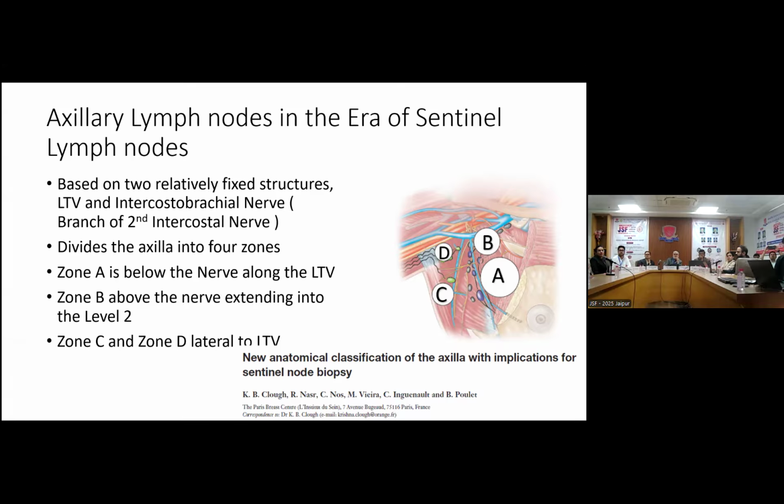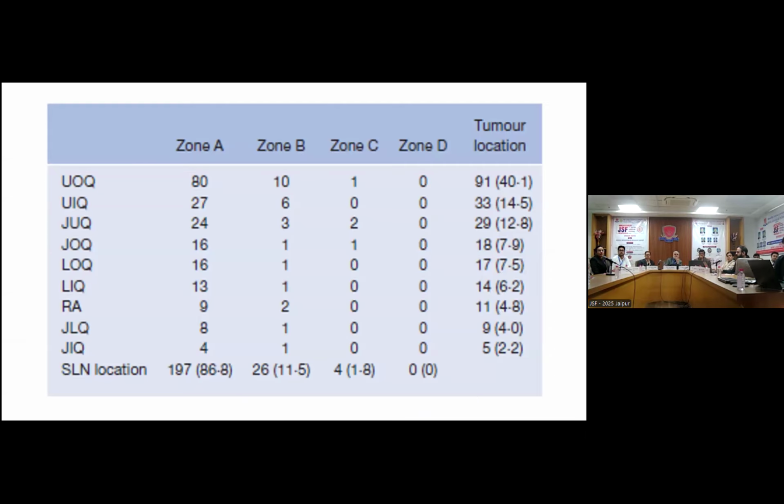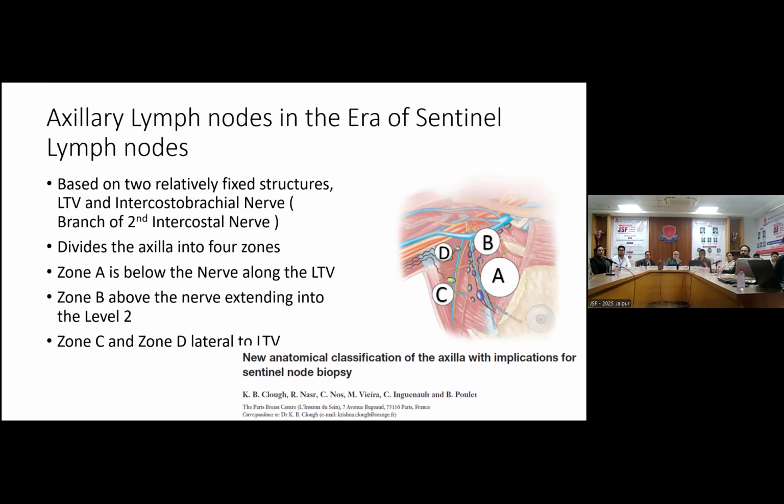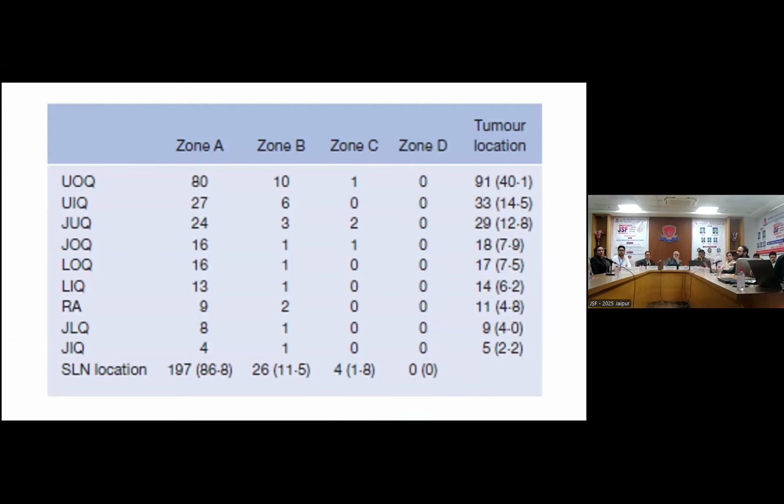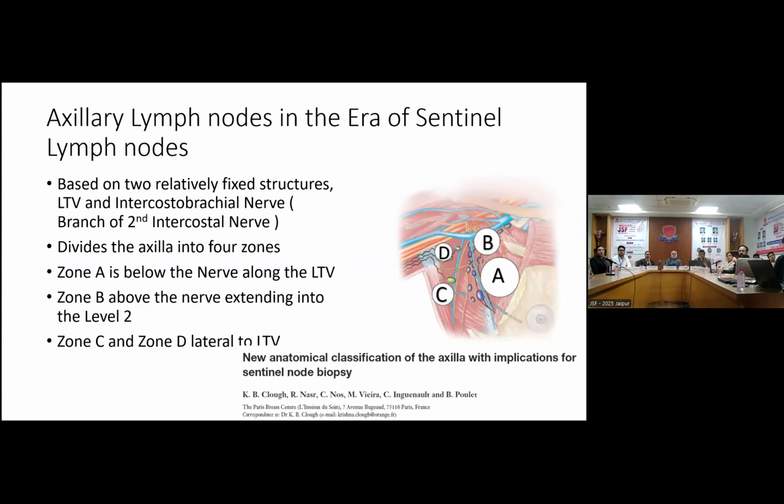C and D are the lateral group of lymph nodes. So he said that the tumors of any quadrant of the breast, most of them, drain either into zone A or zone B, which are the medial group of lymph nodes. It is about 97%, and of the lateral group, C might drain in 1.8% and D never drains.